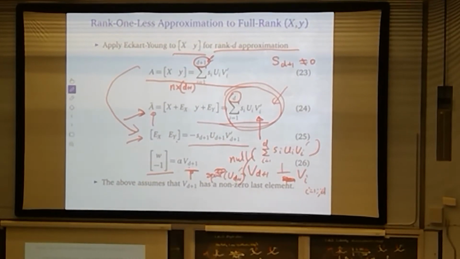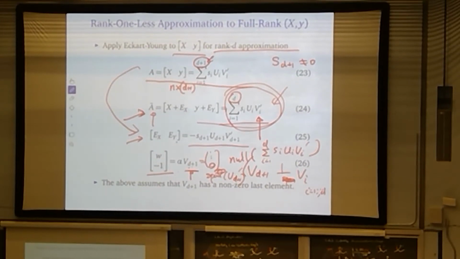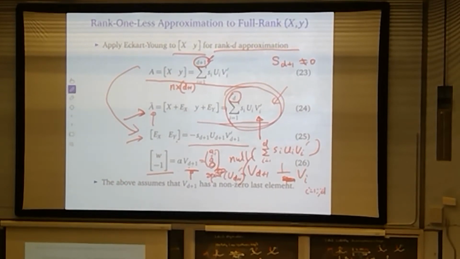So if the last element has some value, and it is not 0, I can just choose alpha to make it minus 1. Say I have values A1 all the way to A_{D+1}. If A_{D+1} is not 0, I have alpha times A_{D+1} equals minus 1.